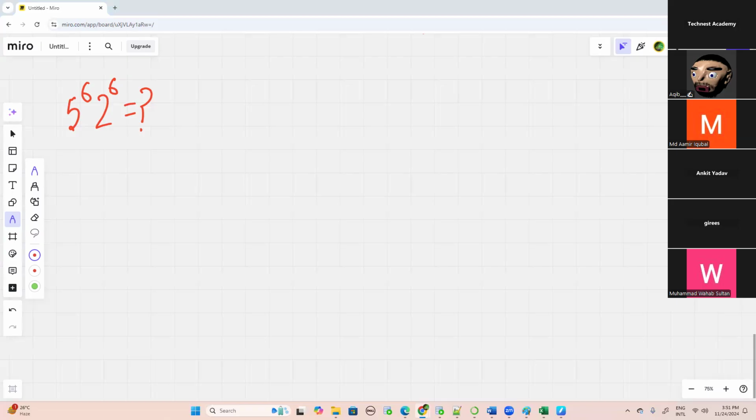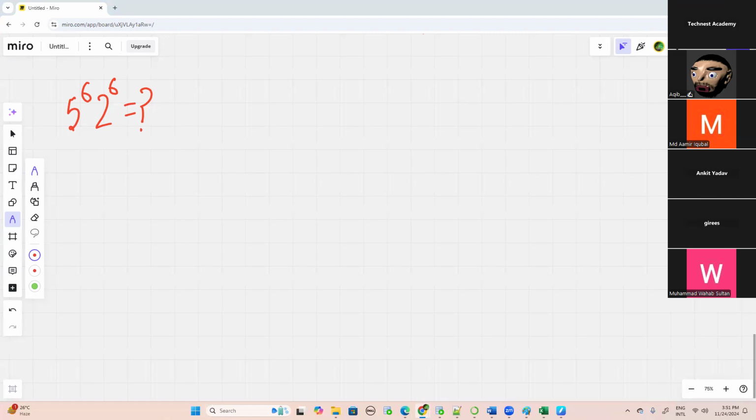Since the power is same, at the end of the day we are multiplying, so I just kept the power the same and multiplied both. Correct. So here, in 5 to the power 6 and 2 to the power 6, what is common? Power is common, it is 6 only.